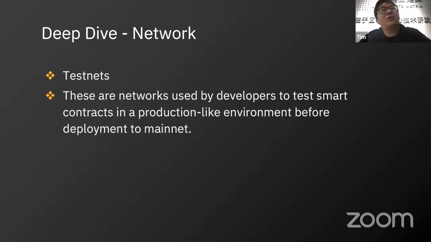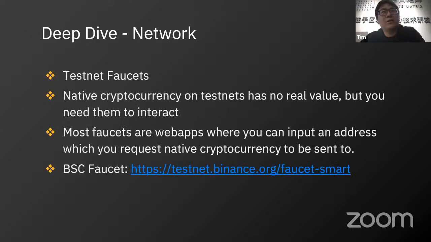Testnets are the networks used by developers to test the smart contract before going to mainnet. And since testnet doesn't really have the mechanism of mining or minting, we need the faucet to produce the mock cryptocurrency on testnet.